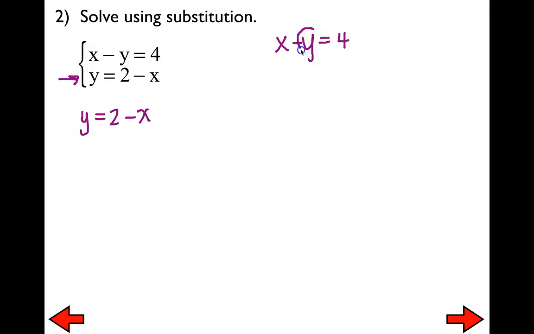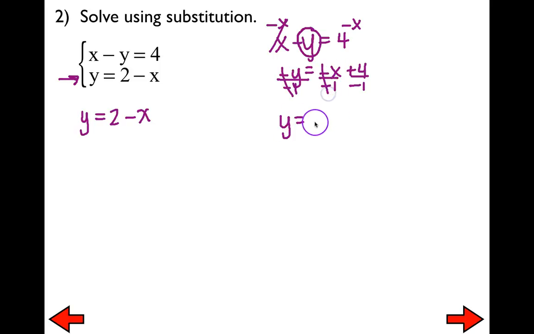In order to solve for y, you're going to have to first get rid of x, which is going to leave me with negative y equals negative x plus 4. Y is not solved for just yet. We're going to get rid of that negative 1. So that's going to leave me with a positive y equals a positive x minus 4. So now both y's are solved for in each equation.